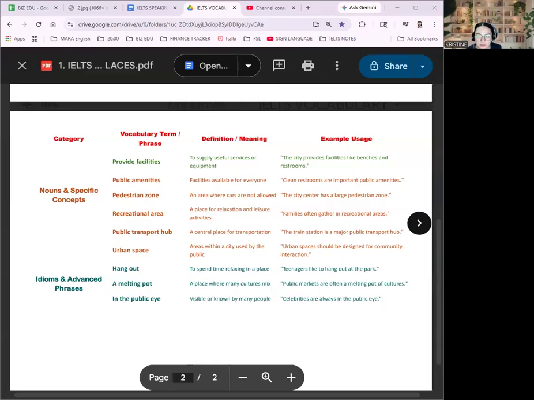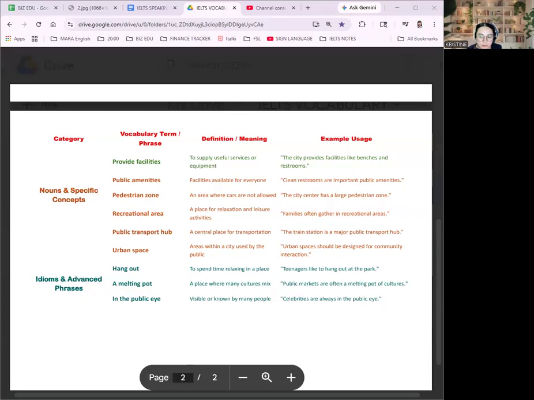Urban space: areas within a city used by the public. Hangout: to spend time relaxing. Melting pot: a place where many cultures mix. In the public eye: visible or known by many people.